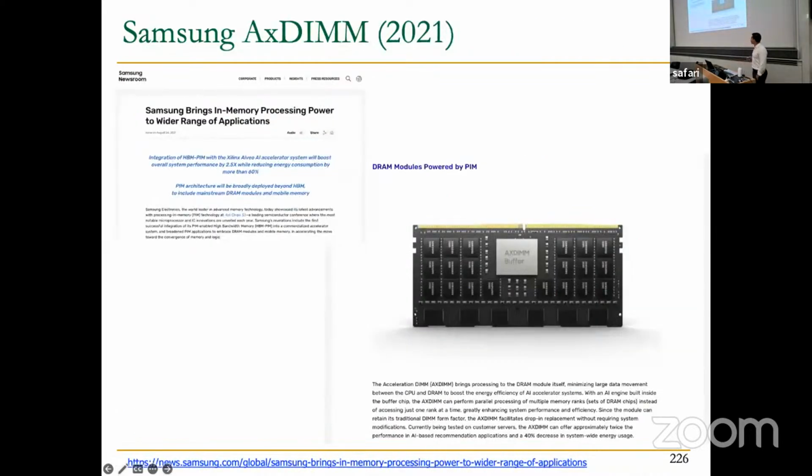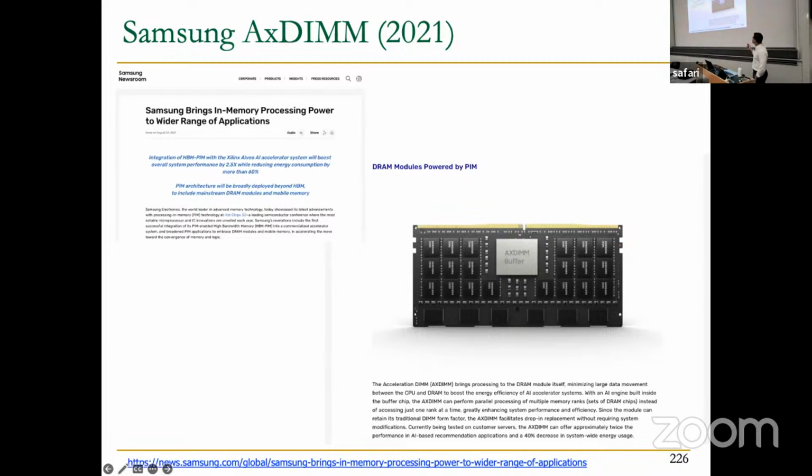So Samsung also has another solution for recommendation systems. This is the AxDIMM work that they published in 2021. And someone asked them about LRDIMM. So this is LRDIMM actually.